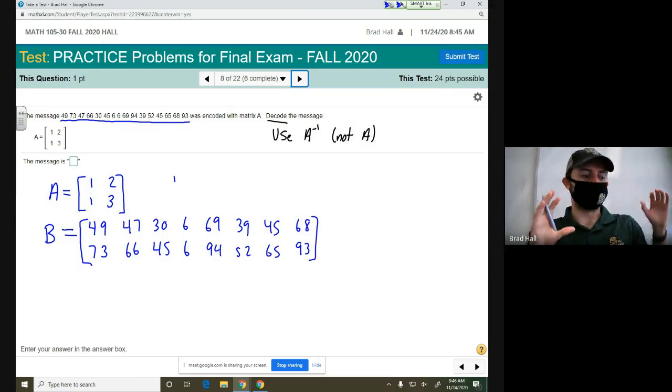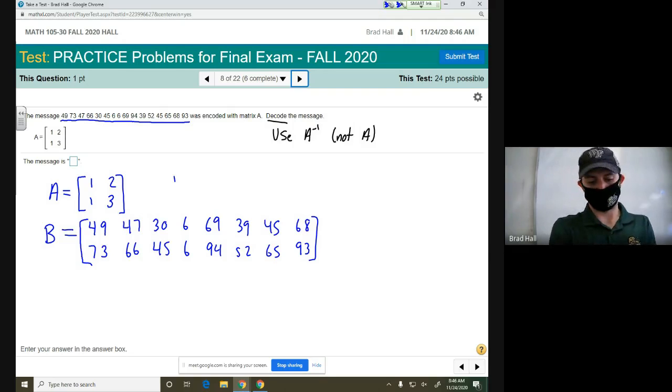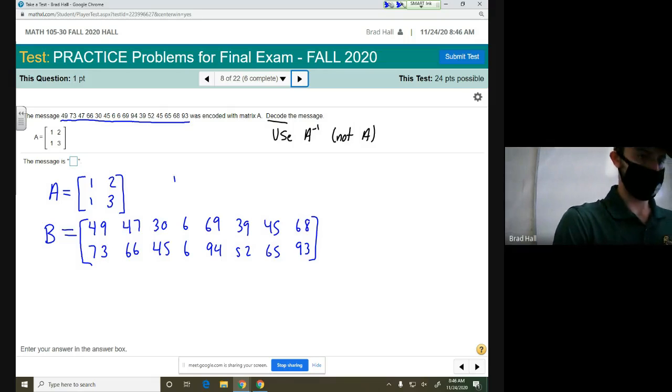So you need to program both of these in your calculator. I'll go ahead and do that as well. Matrix A is going to be a 2 by 2 matrix, and 1, 2, 1, 3. Matrix B is going to be, so let's see, this one was 2 by 2, and this one is 1, 2, 3, 4, 5, 6, 7, 8.